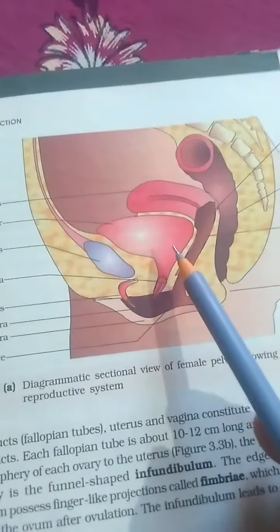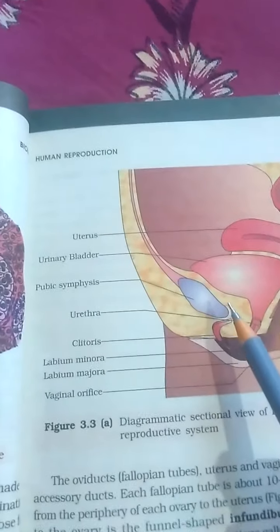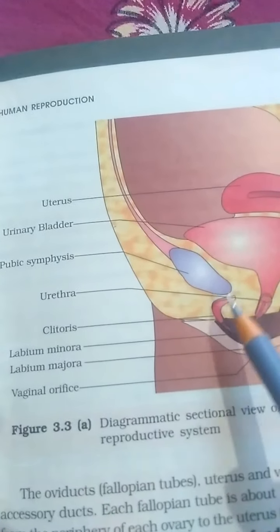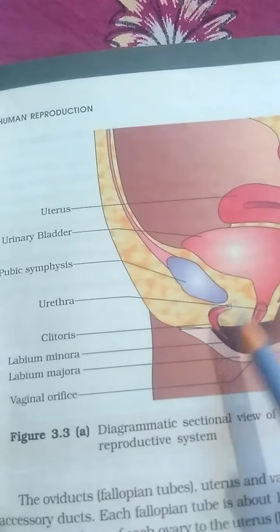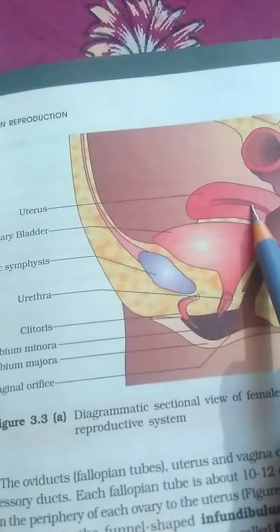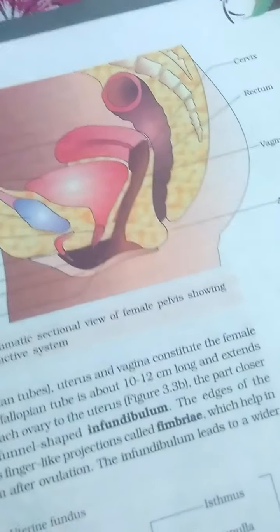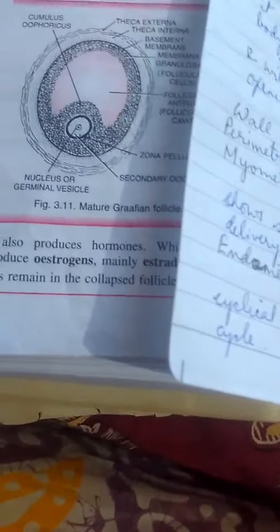That position could be seen here, right? This is rectum. Here is the urinary bladder, right? And in between the two lies the uterus. This is uterus. Got it? So it lies between urinary bladder and the rectum.